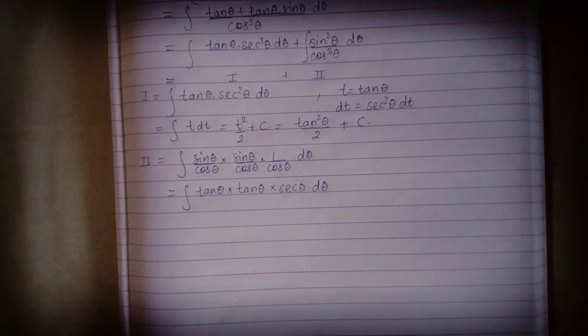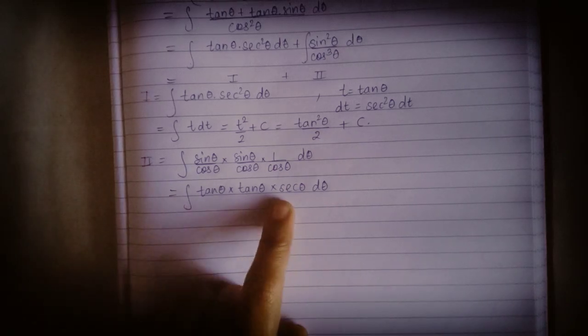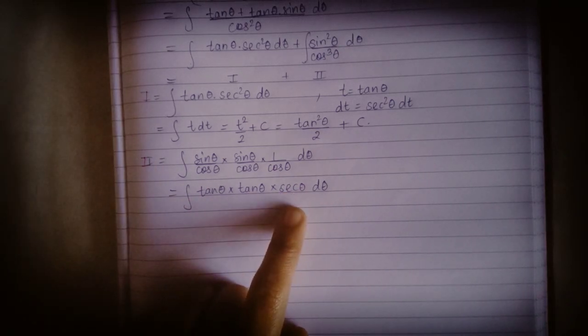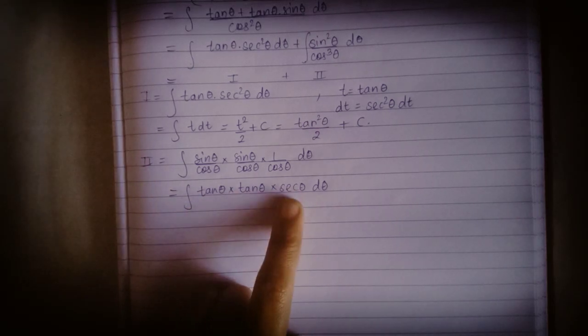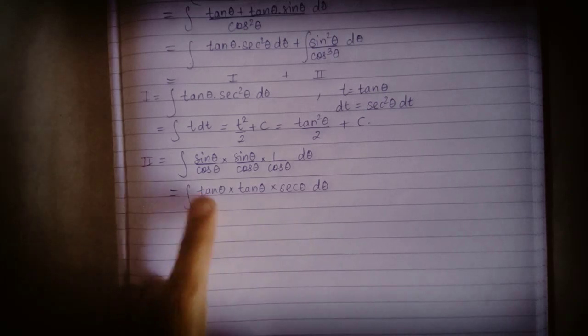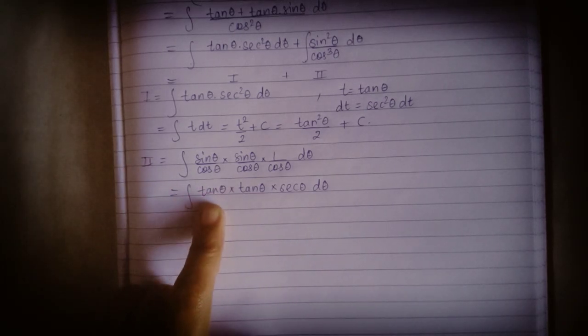So if you substitute here, the derivative term, if you take the derivative of sec theta, that is tan theta into sec theta. That we can use here, but an extra term, tan theta, is there.